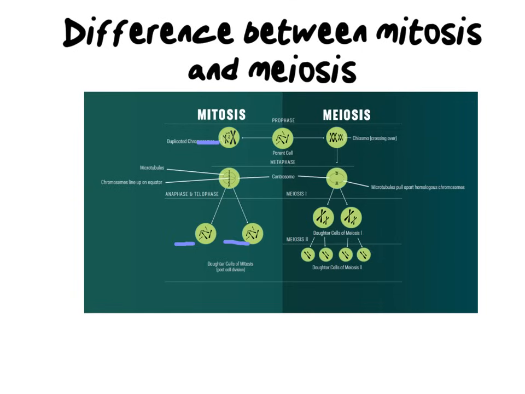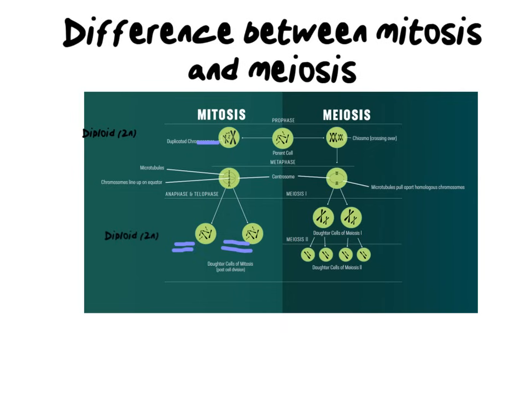Now, in mitosis, we want to go from a diploid cell, which means it has the full set of chromosomes, and we want to take that full set of chromosomes and we want to double the amount of information, which we do in DNA replication. And that ensures that when we eventually halve the cell into 2, we will end up with 2 more diploid cells at the very end.